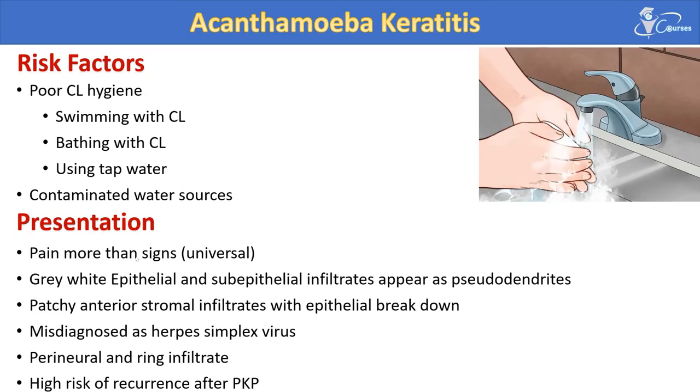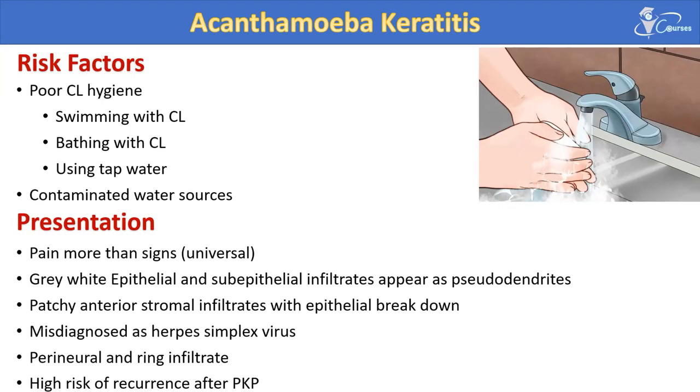The pain is more than the signs. You see the patient and find that there are no signs, minimal infiltration, minimal epithelial breakdown, but the patient is in agony, in very severe pain. So you just wonder, why does this happen? Remember the acanthamoeba will cause this.